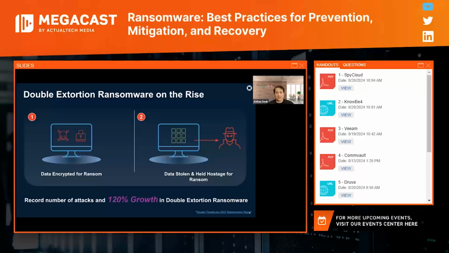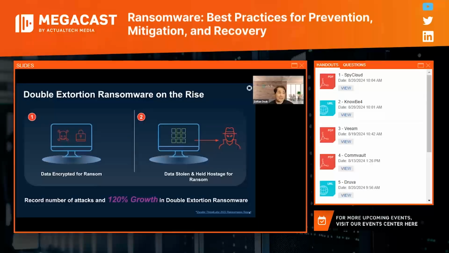But as organizations have gotten better and better at preventing ransomware, this has become a great way for attackers to make money, especially given that there are ever-increasing regulatory requirements for keeping both sensitive and regulated data private. So by threatening to release it, they're putting even more pressure on organizations to pay the attackers the ransom they're demanding.